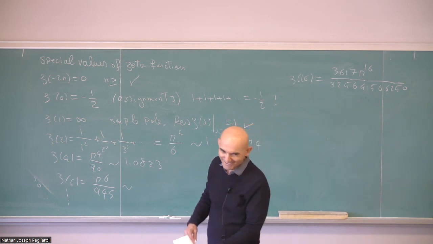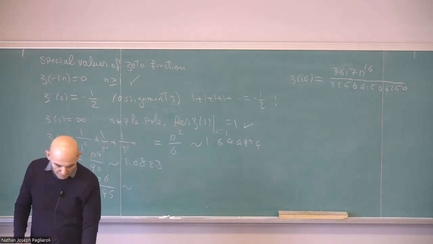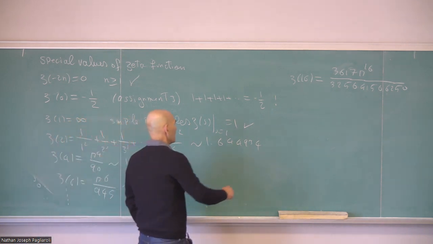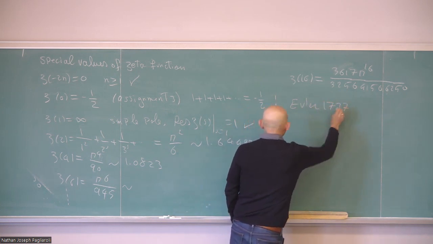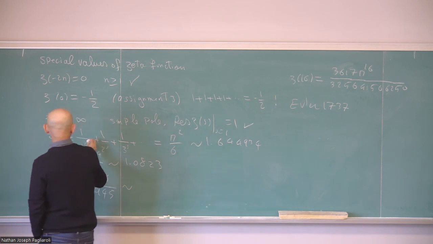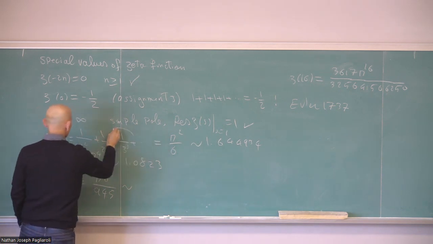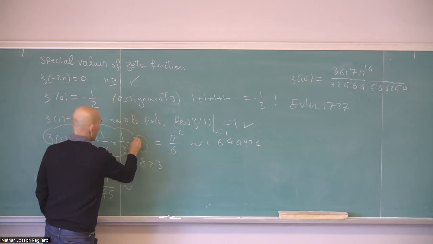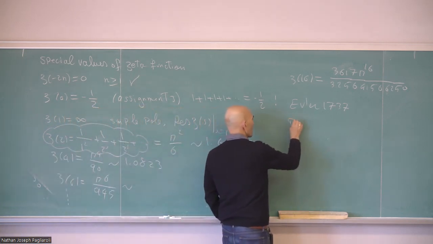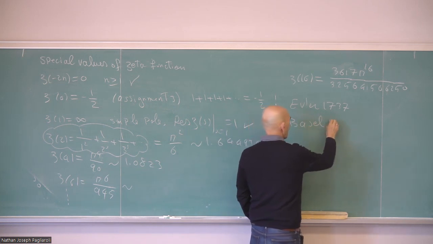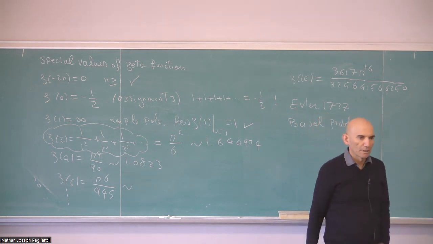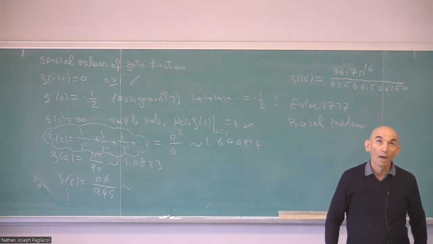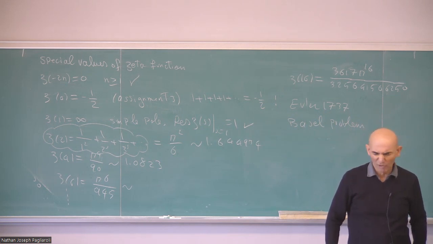Okay, I'll come to that. Right. So this was done by Euler in 1737. Certainly computing this was called the Basel problem. But Basel is a city on the border of Switzerland and Germany, maybe Austria also, I'm not sure.